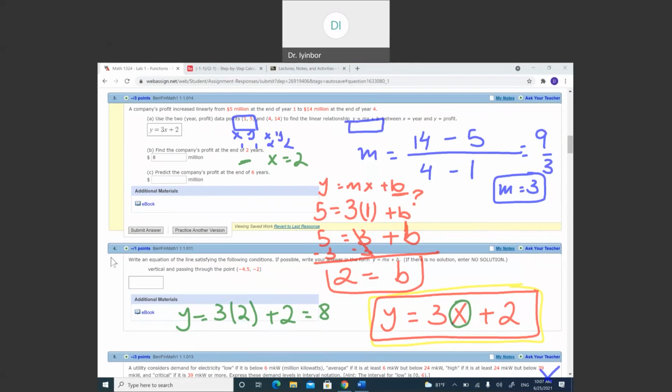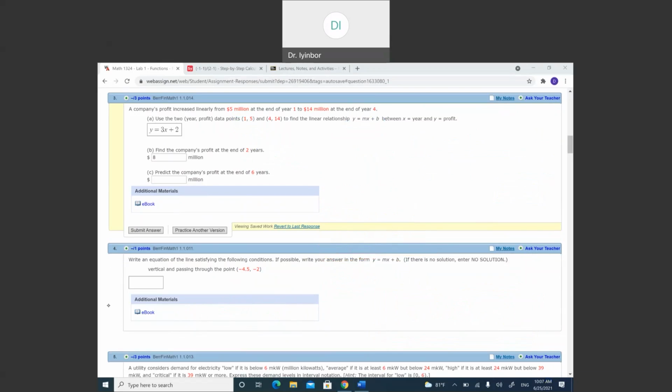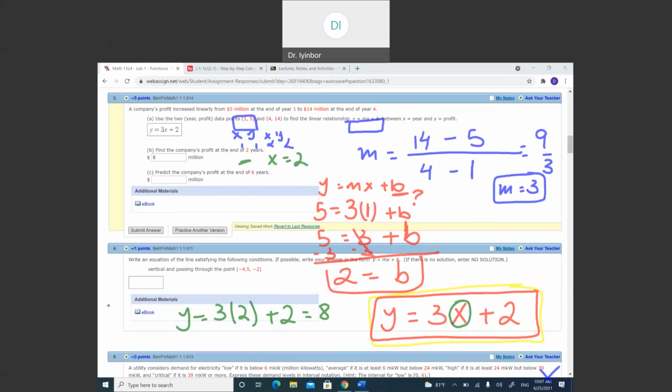So when x is 6, you're going to get y equals 3 times 6 plus 2, and you get 18 plus 2 is 20. So the last answer is going to be 20.